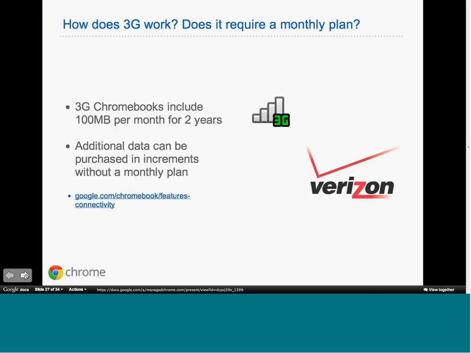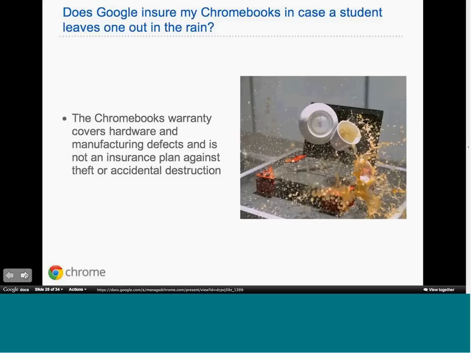Verizon has provided some great plans that let people purchase data in individual increments rather than having to sign on to a long-term contract, which we're really excited about, because when we think about folks traveling or even students who might need a certain amount of data for a particular period of time but don't want to sign a long-term contract, it makes it very easy to purchase a month's worth of data or a few gigs as you need it, rather than spending a lot of money to sign up for something that's ongoing. I mentioned earlier, though, you can put in an AT&T SIM card and the Chromebooks will work just fine on any existing plan that you already have.